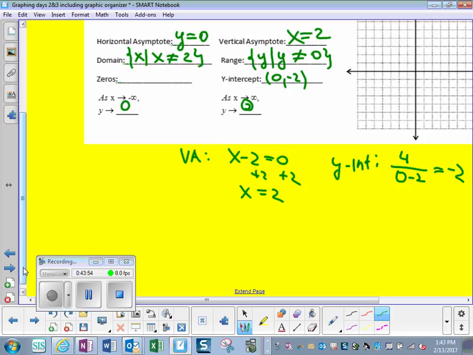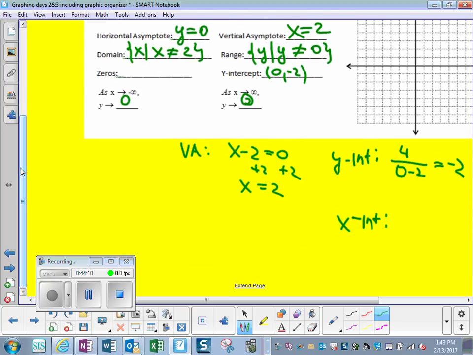Finally, my zeros or x-intercepts. I'll just do it algebraically just because. What do I do to find it algebraically? Zeros, set numerator to 0. So I need to set numerator, which is just 4 equals 0. Is this ever true? No. So I don't have it.